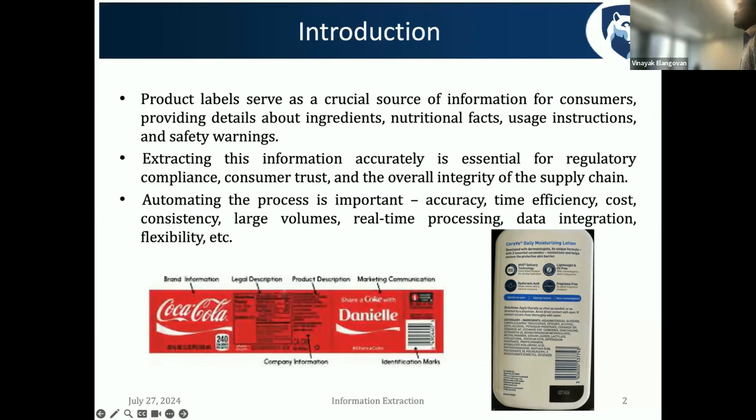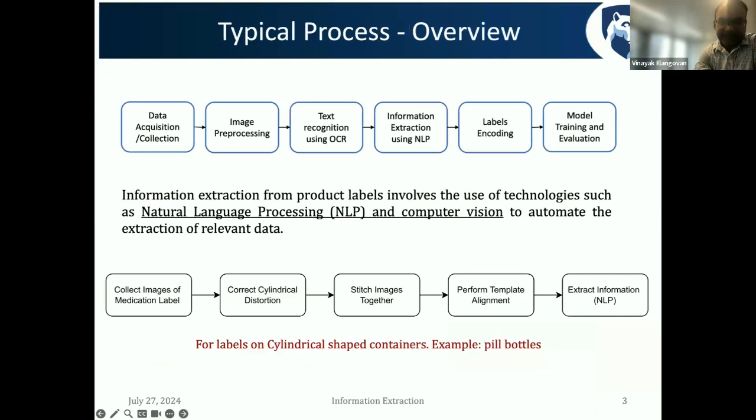If I want to automate this process, we want to extract all this information accurately, and it's also essential for regulatory compliance and the overall integrity of the entire market chain. So we want to develop a system which can be more accurate as well as cost efficient in automating this entire process.